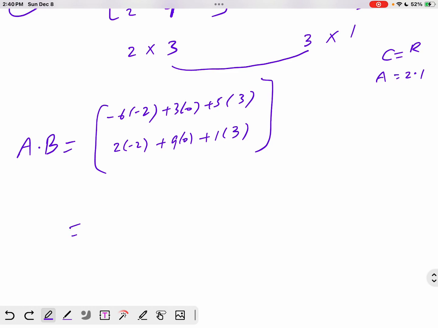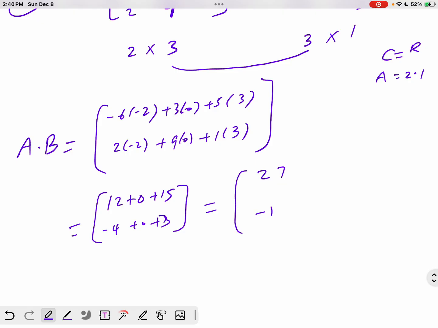So this one becomes positive 12 plus 0 plus 15, and -4 plus 0 plus 3. So the answer is 27, -1. So we know that this is 2 rows and 1 column.